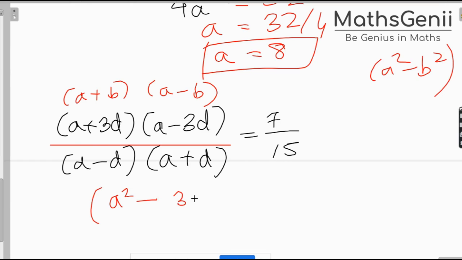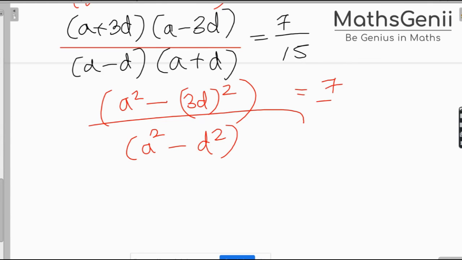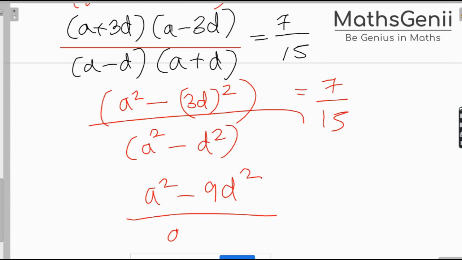B is 3d. In the denominator, same, you have a plus d, a minus d, so a square minus d square. So a square minus 9d square upon a square minus d square is equal to 7 upon 15.